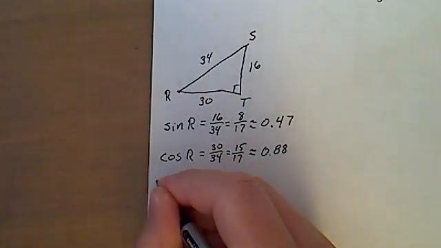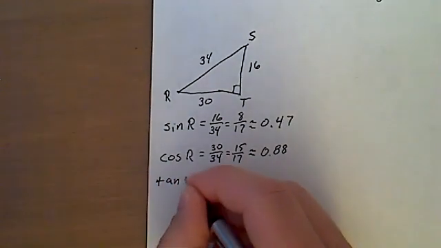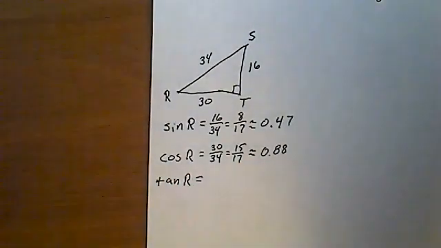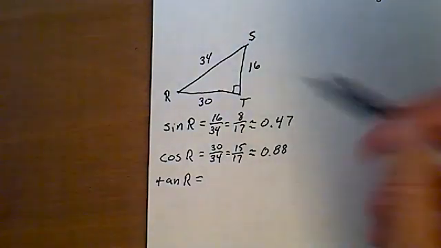And then the last one for R, we have the tangent of R. Tangent goes with TOA, T-O-A. So the tangent of an angle is the opposite over the adjacent.